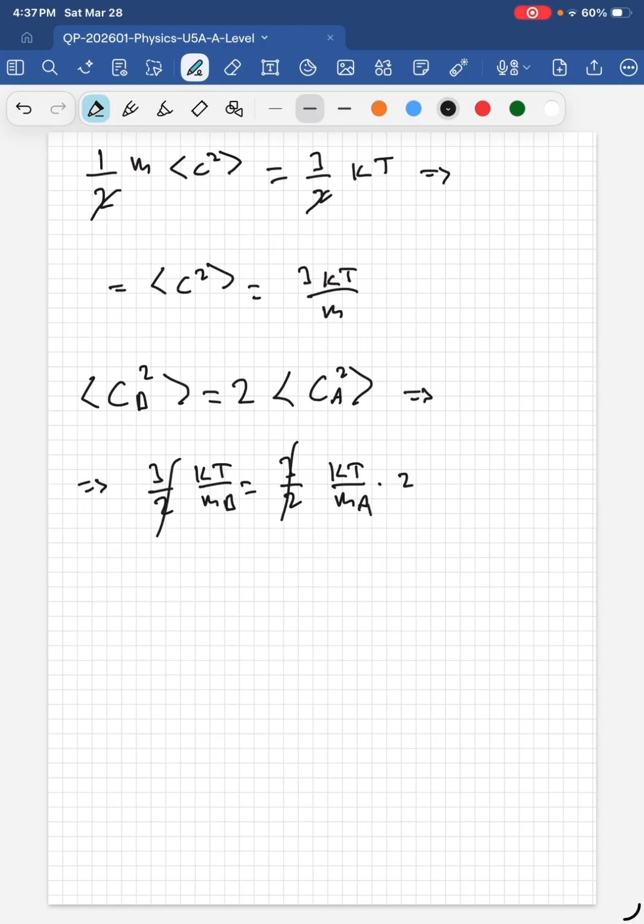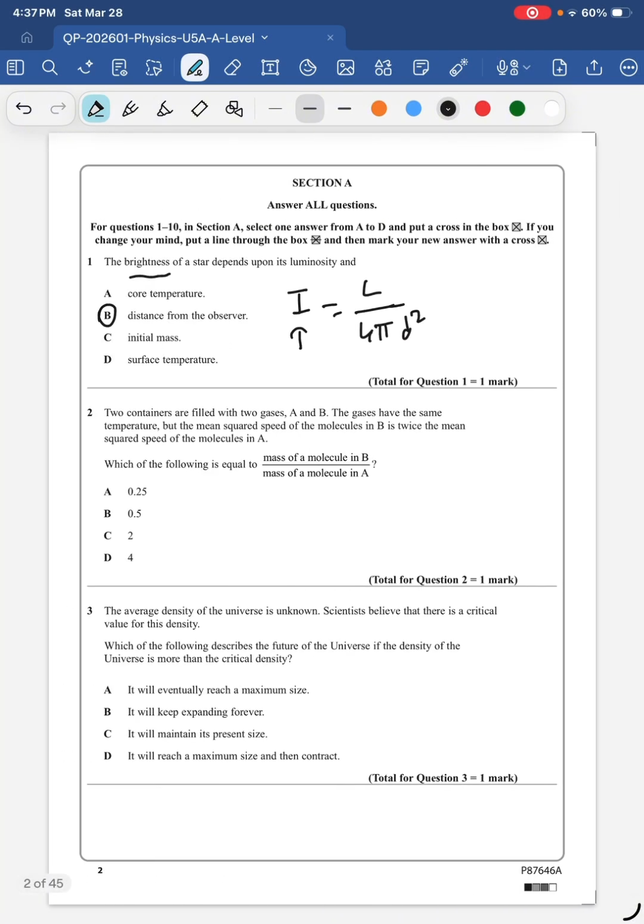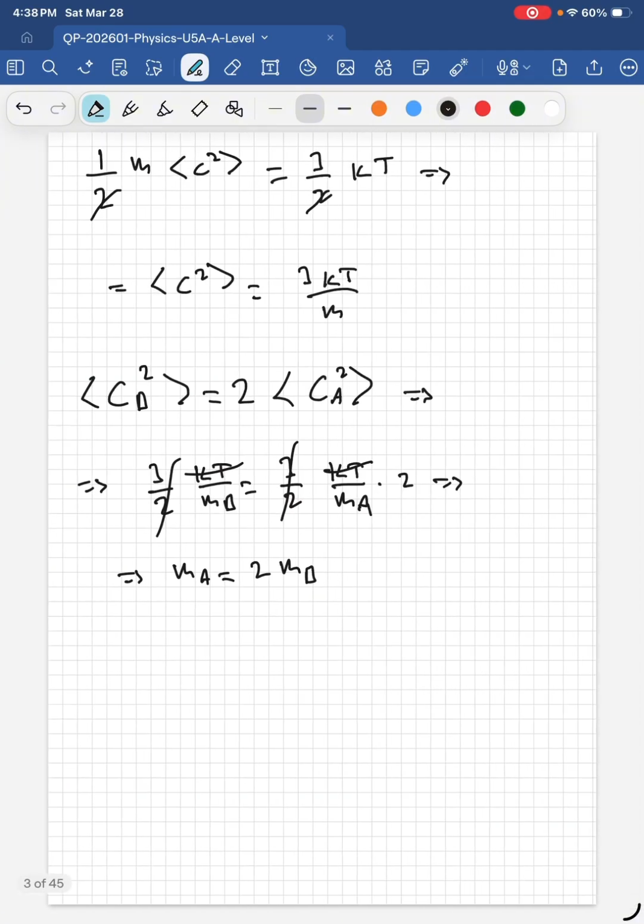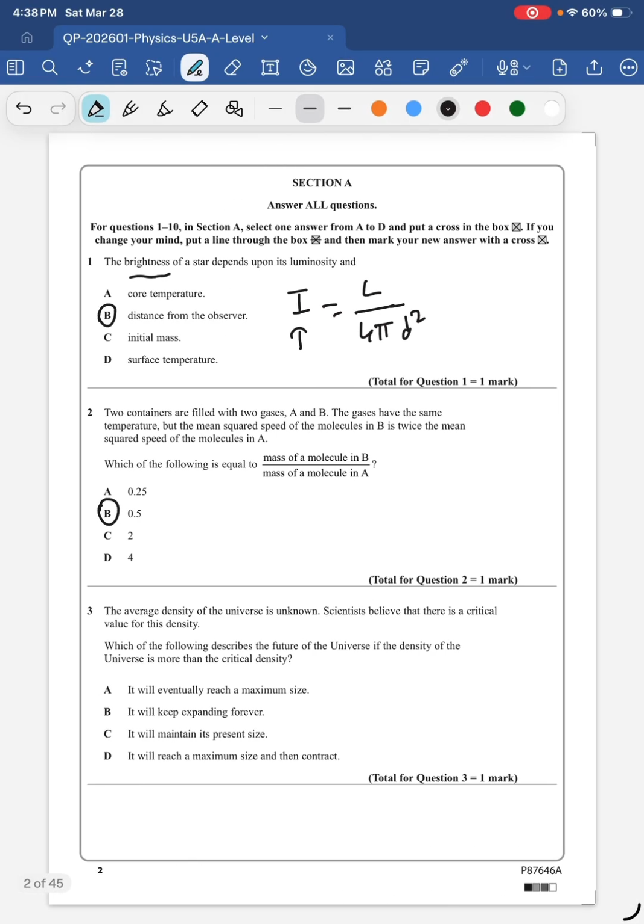Okay, so 3/2 goes away, kT goes away since it's the same temperature, and we can easily see that mA is twice mB. So the correct answer is B again, because they are asking for mB over mA, which is exactly 1/2. Okay. Question 3.